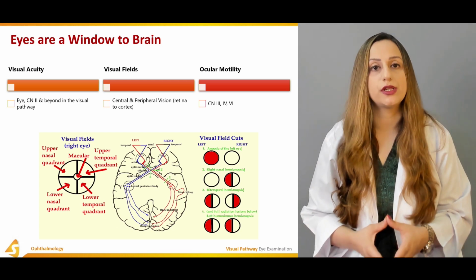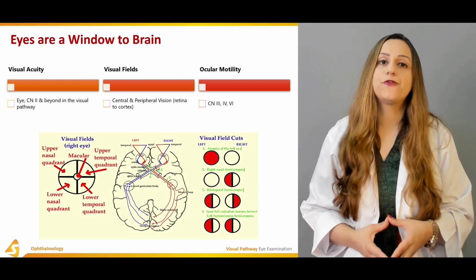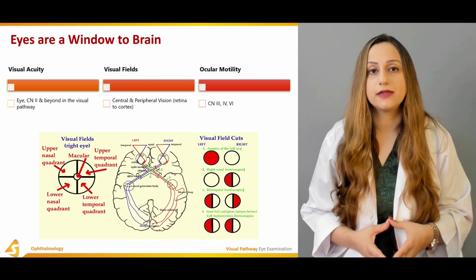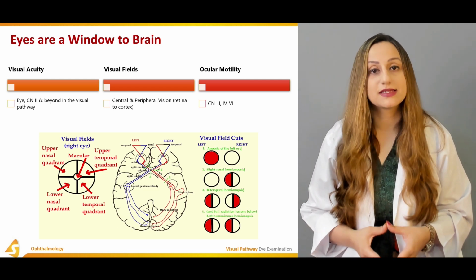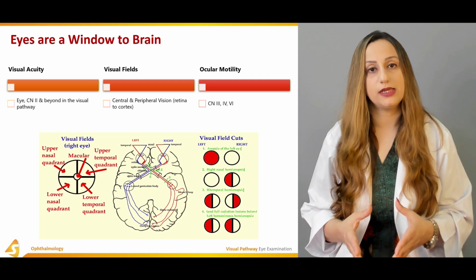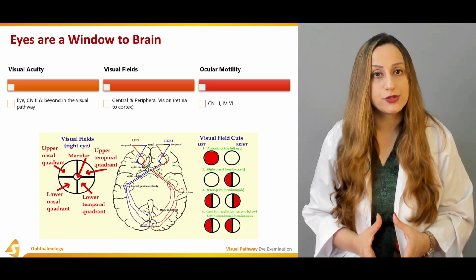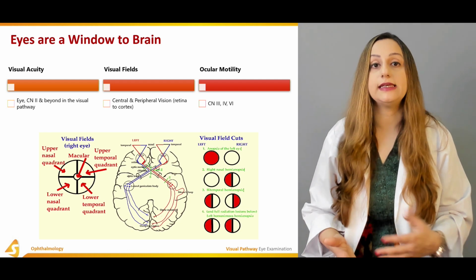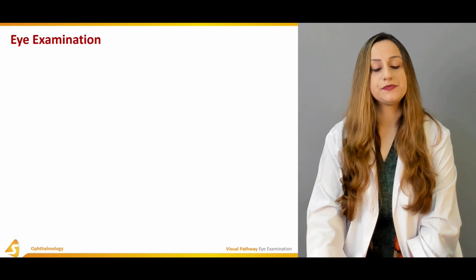Usually all of the extraocular muscles are supplied by the third cranial nerve, except for the superior oblique, which is supplied by the fourth cranial nerve, and the lateral rectus, which is supplied by the sixth cranial nerve. So this is a general rule to remember whenever we are testing the extraocular muscles in this particular patient.